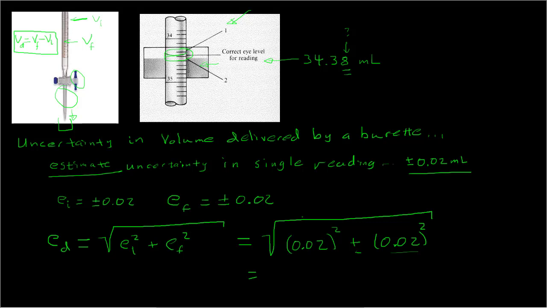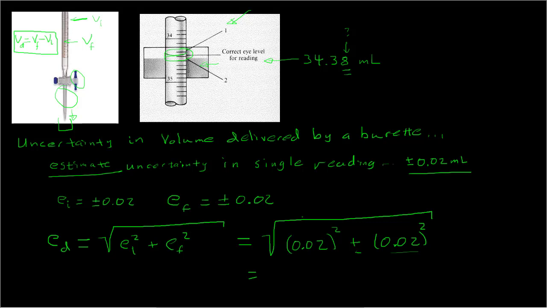Then to take the square root, I'm going to hit the square root function. For me, I have to hit a second key to get that function up. And then I'm going to use my previous answer. You could type that in, but my calculator has a second ANS function that puts my most recent result in as the answer.